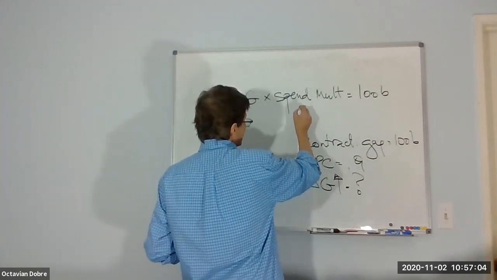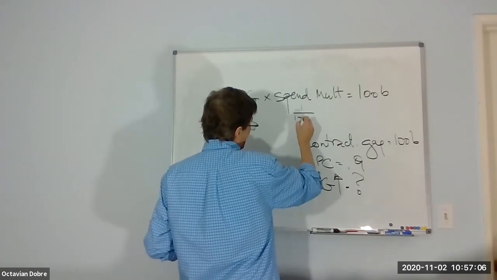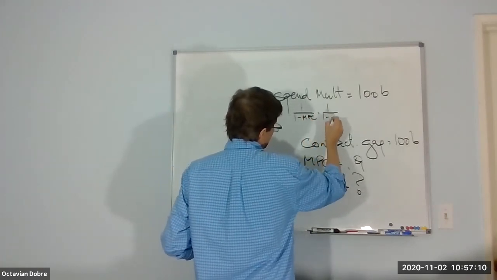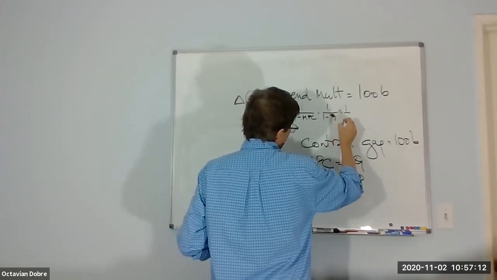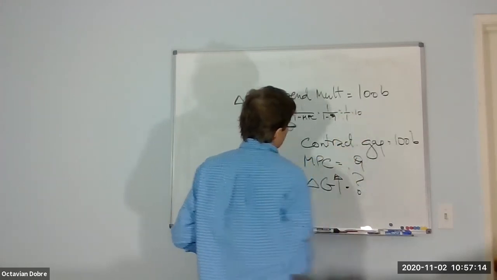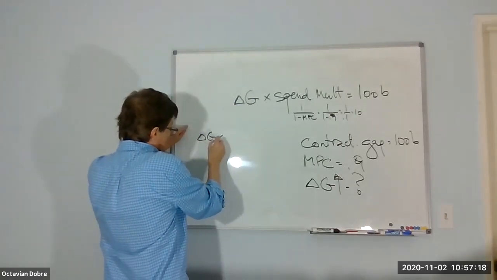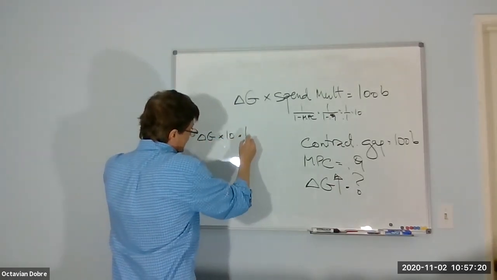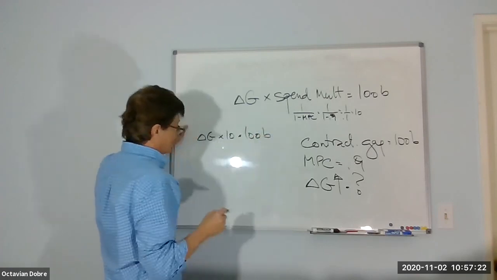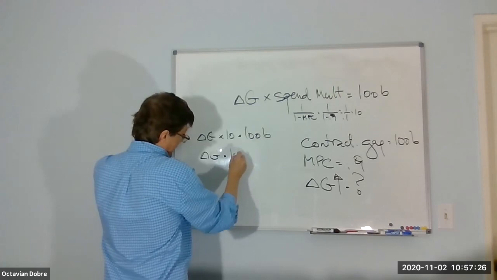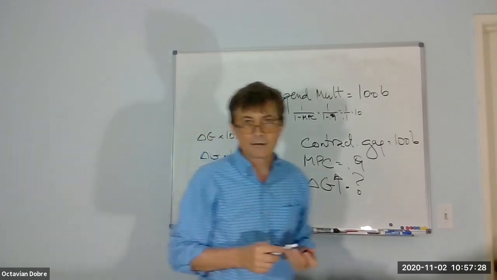So this is equal to 1 divided by 1 minus 0.9, equals 1 divided by 0.1, equals 10. So the change in government spending times 10 equals 100 billion. Therefore, the change in government spending has got to be equal to $10 billion.